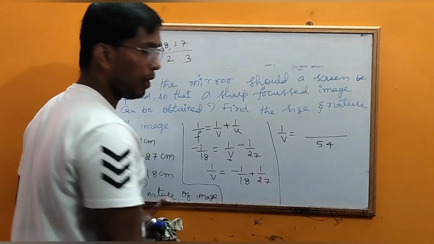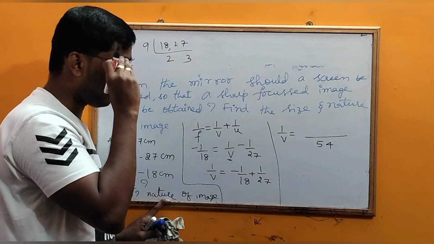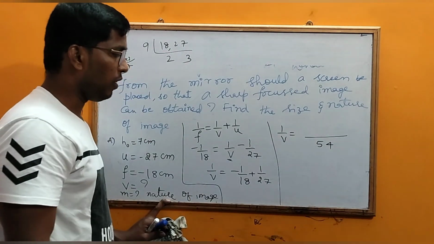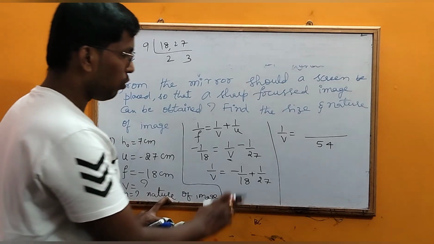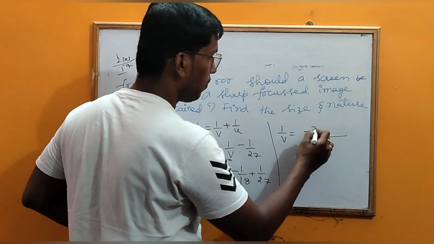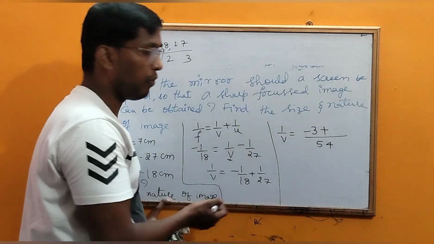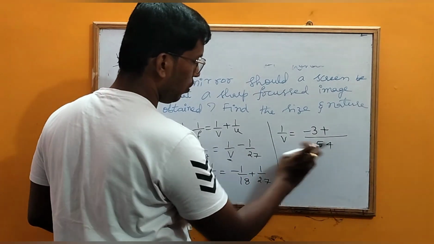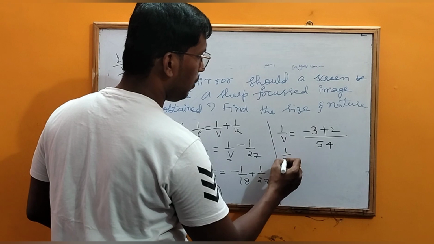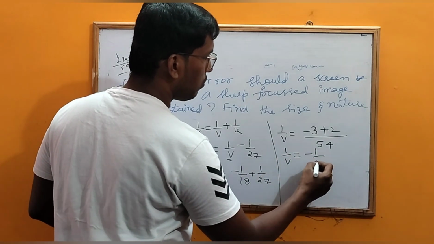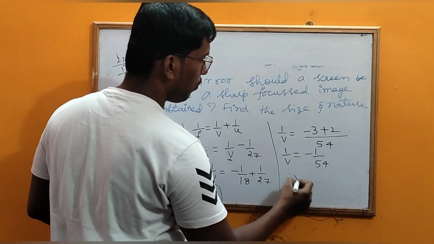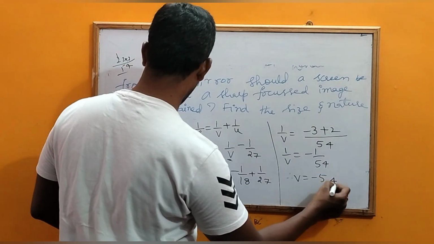18 table, 18 ones are 18, 18 threes are 54. So 3 into 1, 3, minus 3, plus 27 ones are 27, twos are 54, so 2 into 1, 2. So 1 divided by v is equal to minus 1 by 54. Therefore v is equal to minus 54 centimeter.